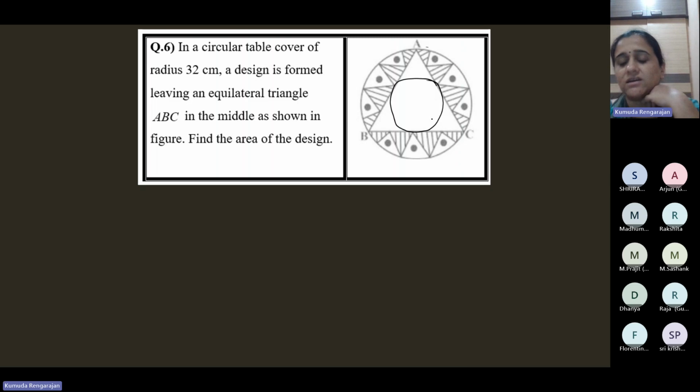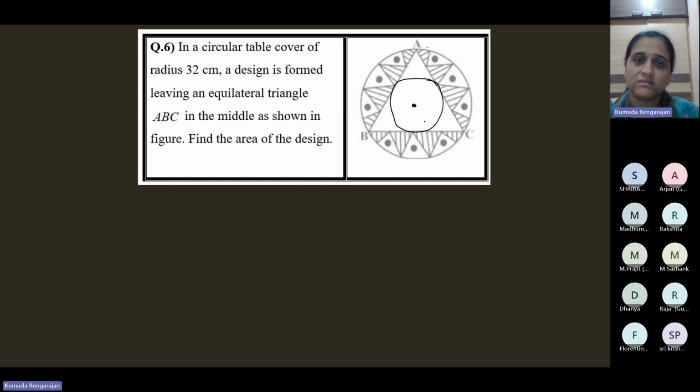And for an equilateral triangle, the incenter and the circumcenter coincide. The circumcenter is the center of the circumcircle. The incenter is the center of the incircle.